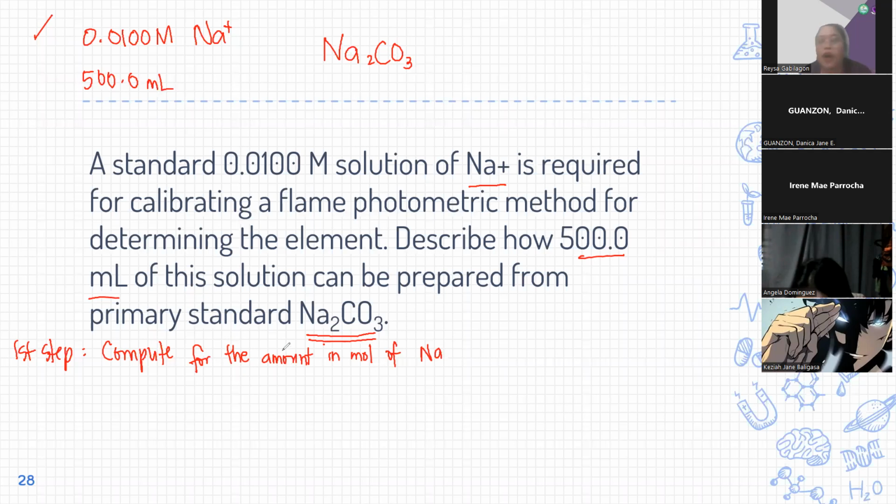Okay. So, how do we compute for this one? We have here the amount in mole. This is what you will do. Amount in mole is equal to the volume in liters times the molarity times the mole ratio.